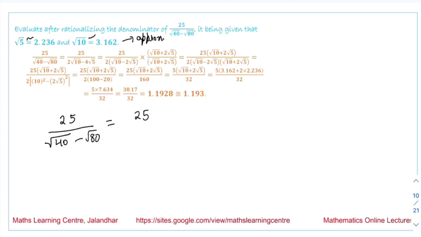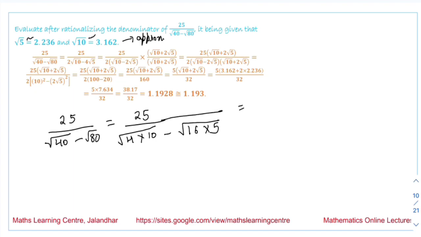We can write square root 40 as square root of 4 into 10 minus square root of 16 into 5. We can write 80 as 16 into 5.